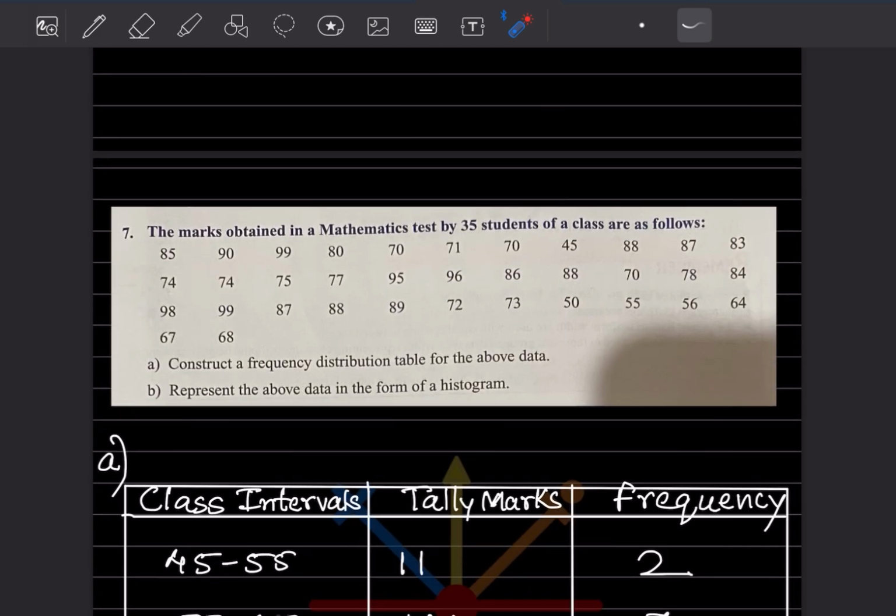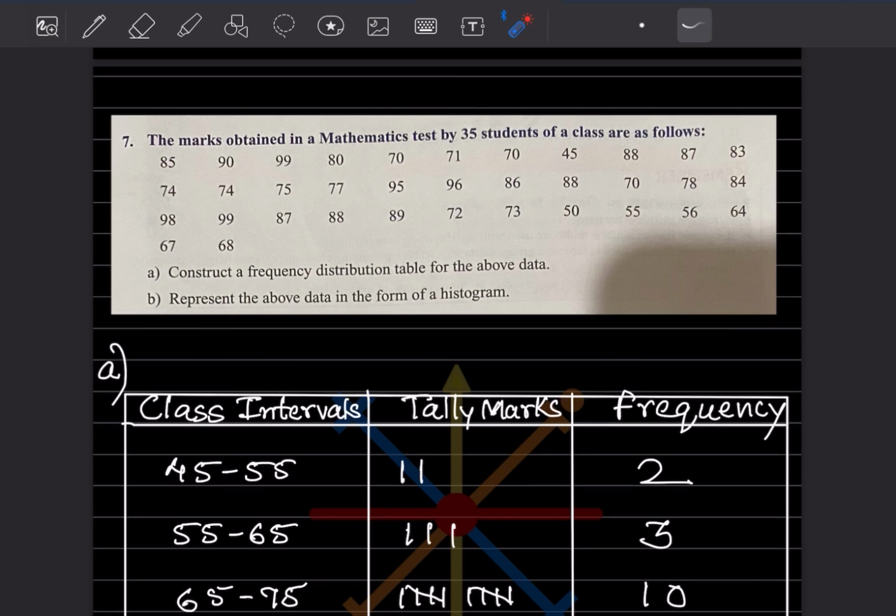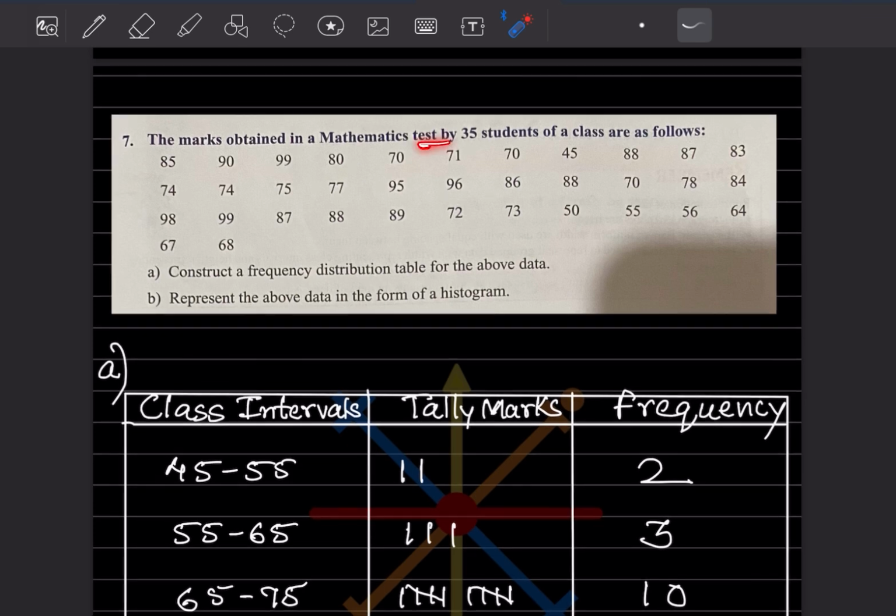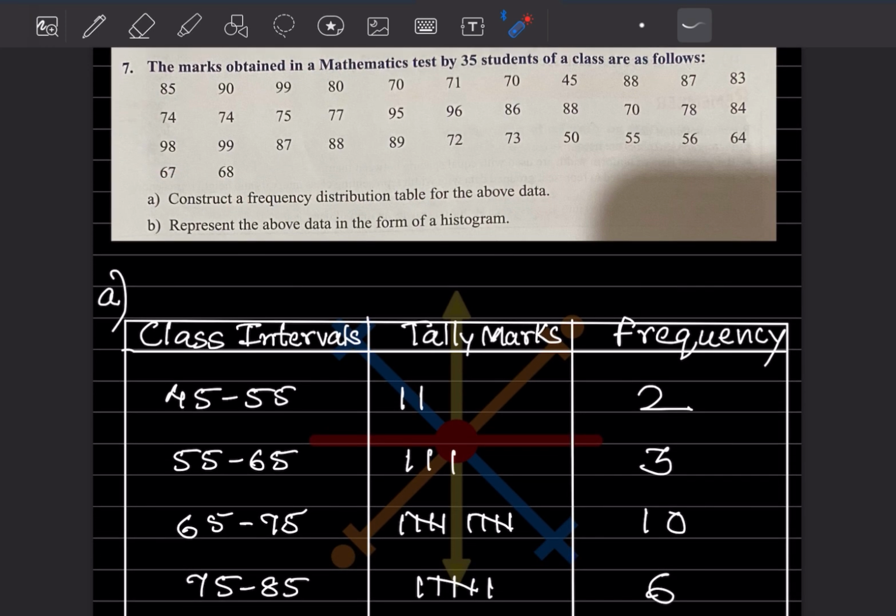The next one: the marks obtained in a mathematics class test by 35 students of a class are as follows. This is the list given, and you have to construct a frequency distribution table for the above data, with class intervals, tally marks, and frequency.